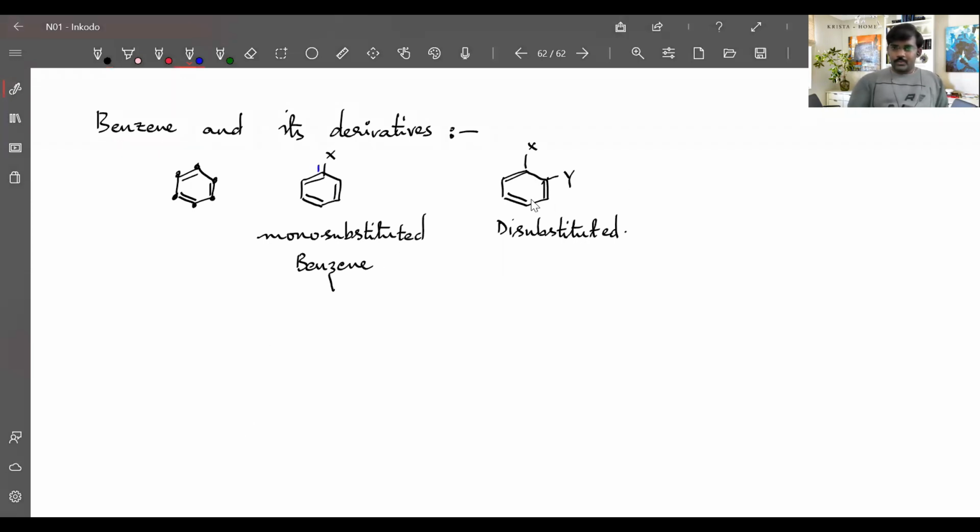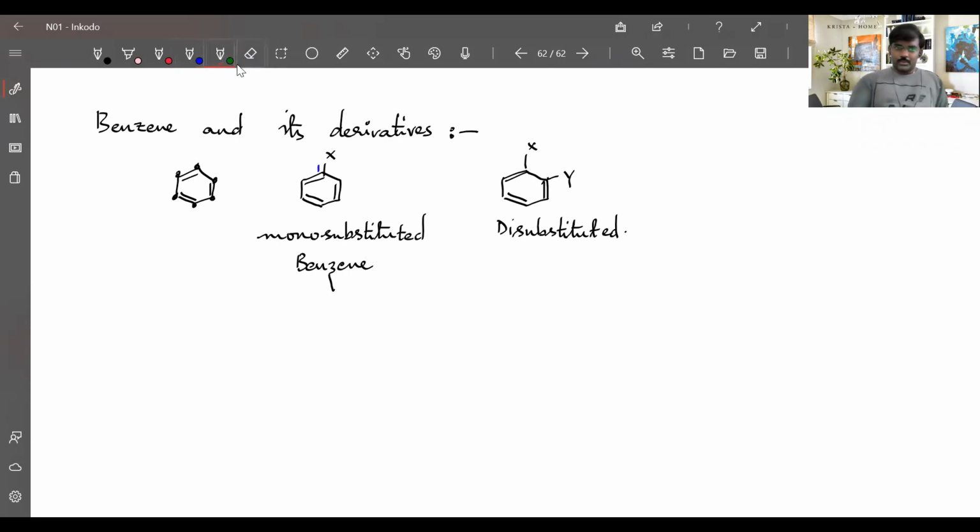Now when disubstituted or trisubstituted or polysubstituted compounds are there, again, among X and Y, we need to have a priority. Which will be a prior functional group or prior element, that we have to check. So based on that, numbering will start.